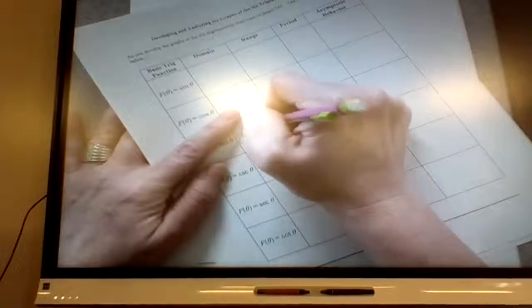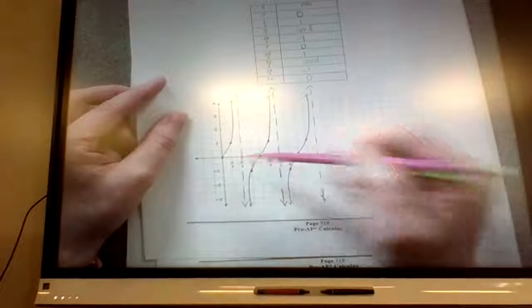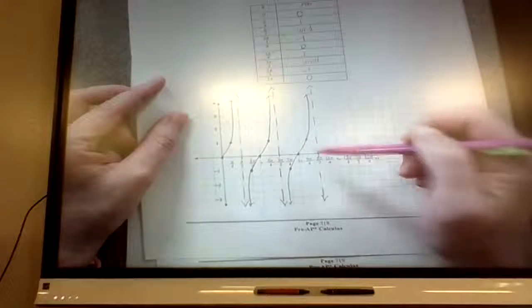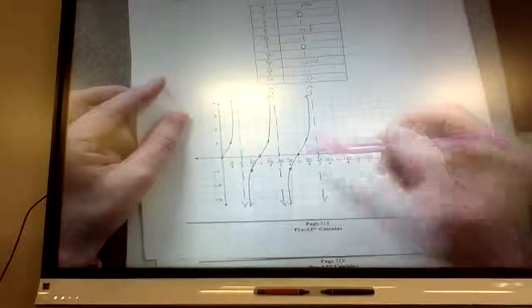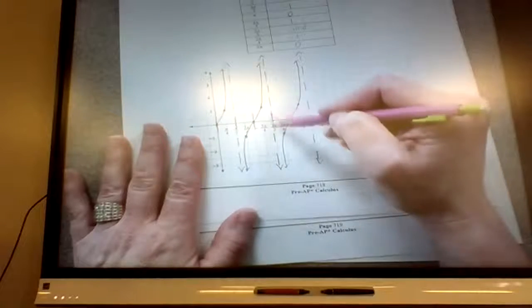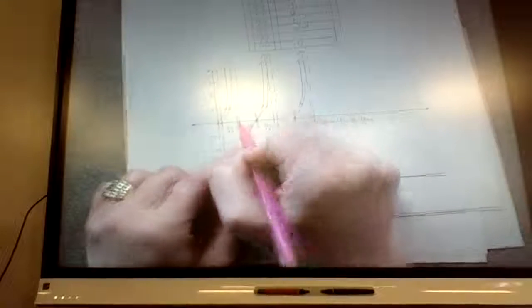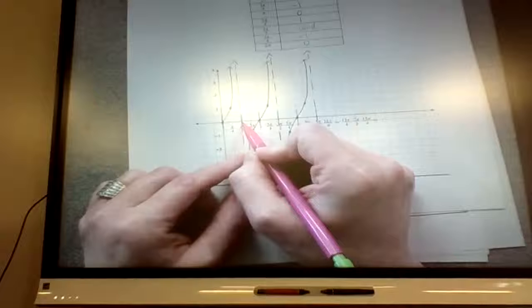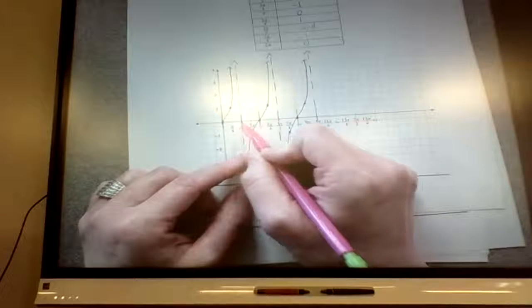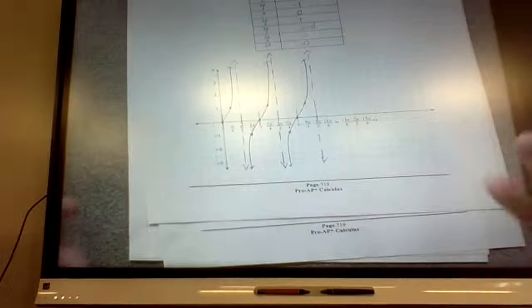So I would say pi over 2 plus pi n, because they happen every pi. They don't happen every pi over 2. The first one is at pi over 2, but the next one doesn't happen for 2 halves, which is a whole, obviously.